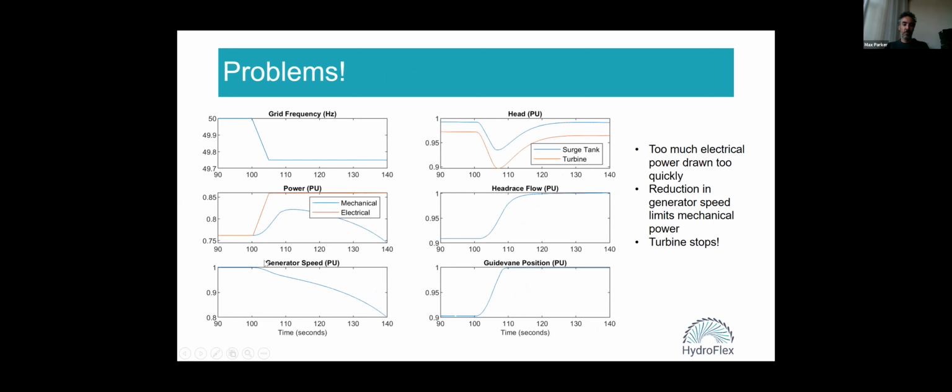You ask for lots of electrical power, generator speed just starts dropping, mechanical power can't support it, even with the guide vanes opened up to the maximum, flow goes up to a maximum, but you're just providing less power because you're limited in the torque when the turbine's slower. So eventually the turbine will stop if you didn't have anything to deal with that.